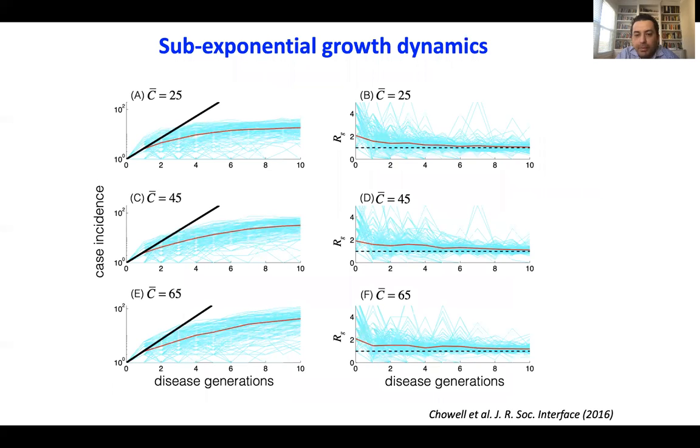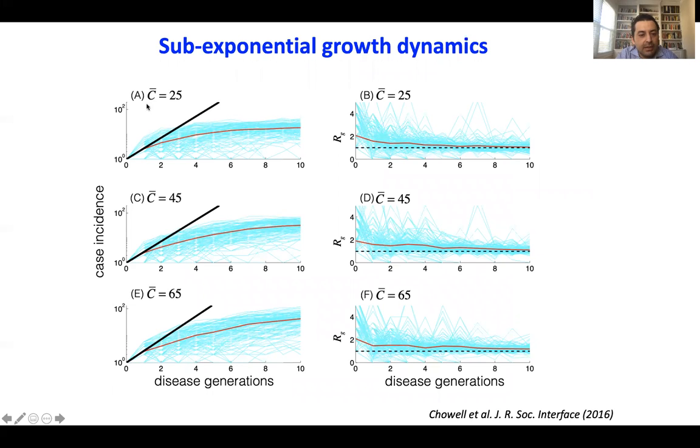And that means that the reproduction number, even at the onset, starts to decline rapidly as a result of the sub-exponential growth dynamic. The solid line here corresponds to the corresponding exponential growth dynamic, which is not happening.